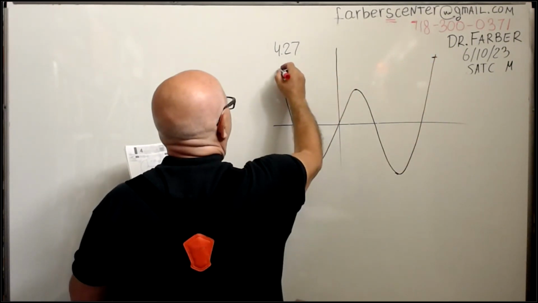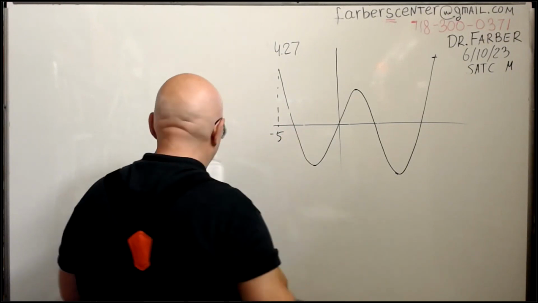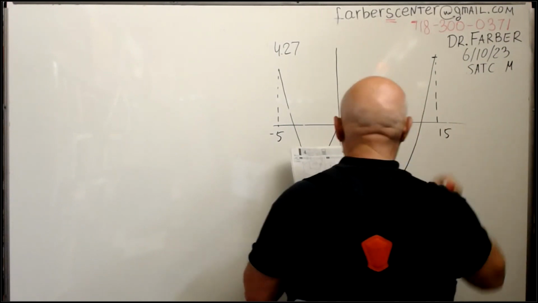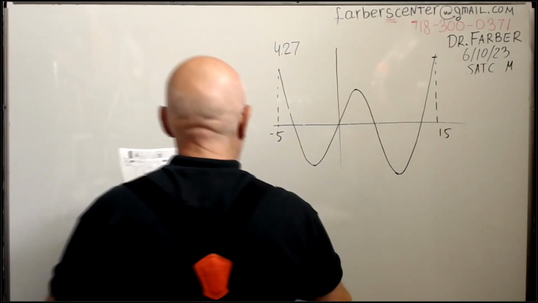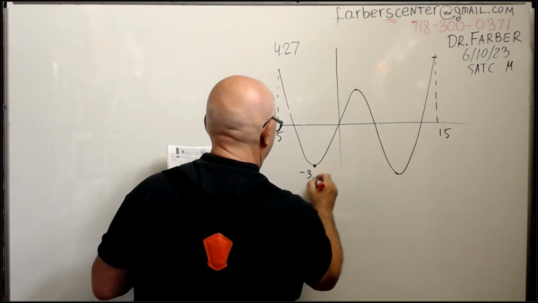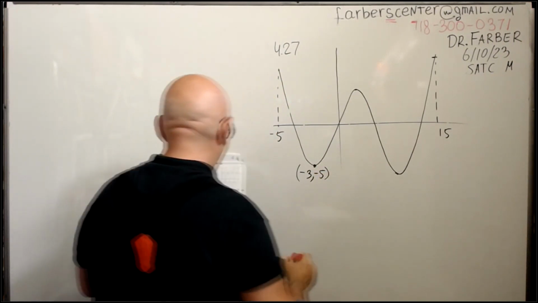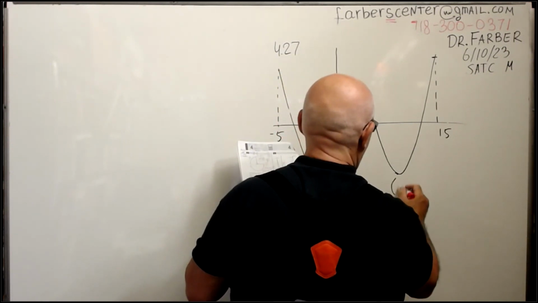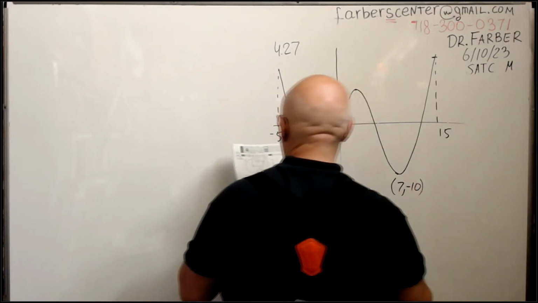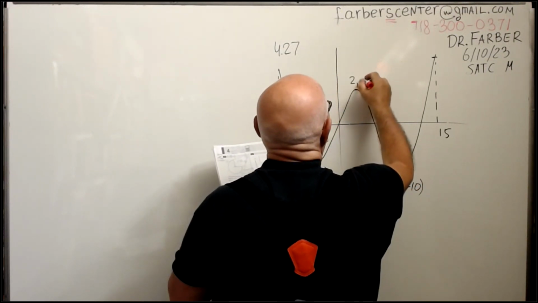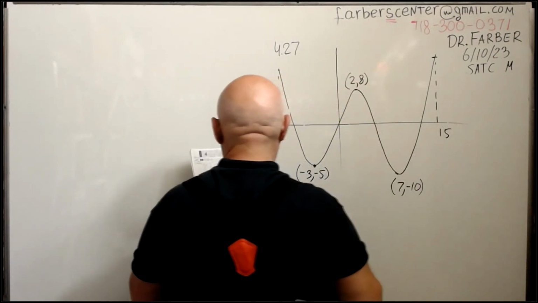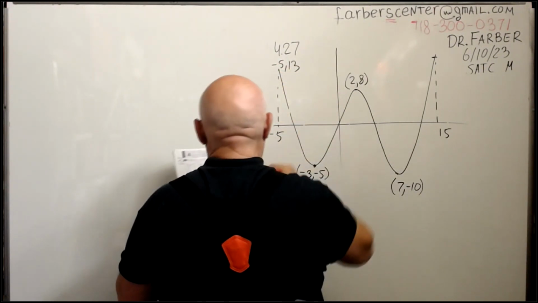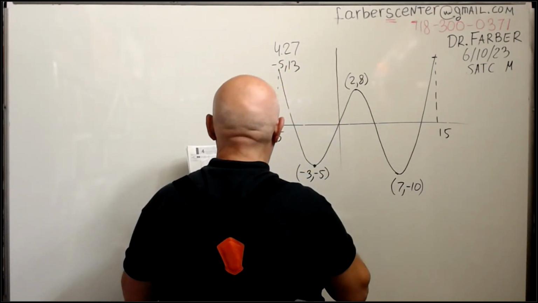And this is -5. And this is 15. And this is -3, -5. This is 7, -10. This is 2, 8, etc., etc. This is -5, 13. And this is 15, 15.